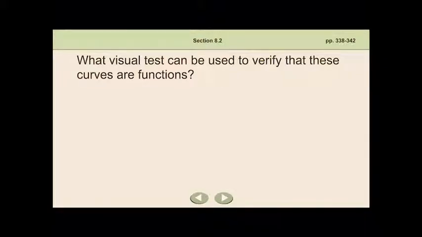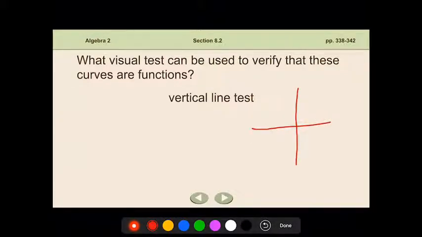The question here: what visual test can be used to verify that the curves that were supposed to be graphed on the previous one, I'm just not going to graph those. What determines if something is a function or not? There's a very simple, quick test to determine if something is a function, and that's the vertical line test. If I graph anything, I could graph a straight line.